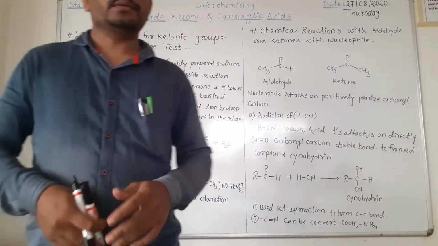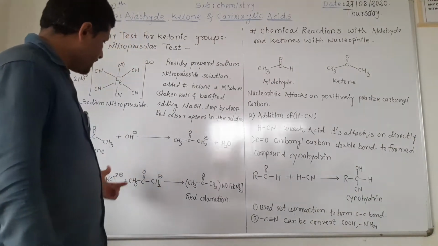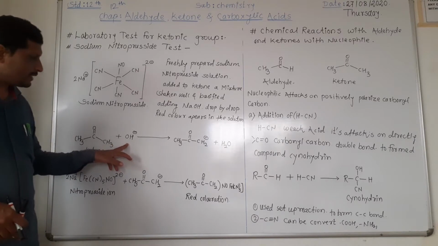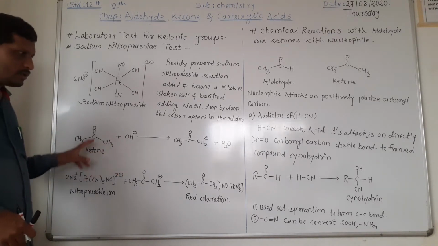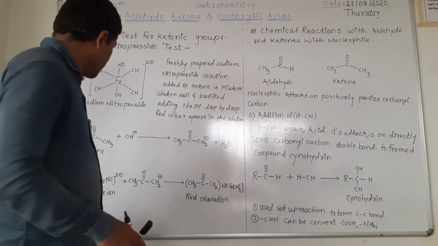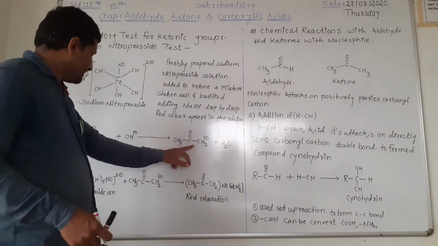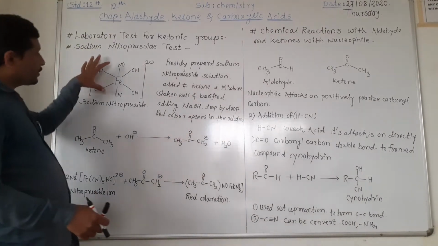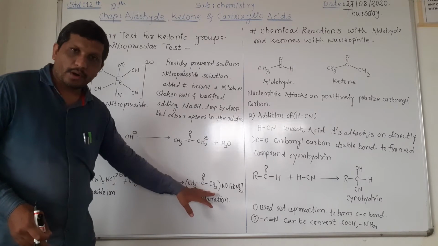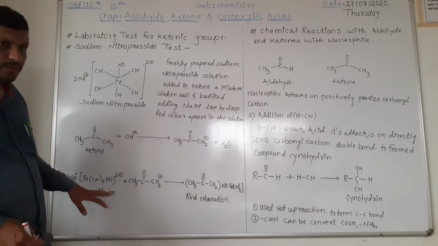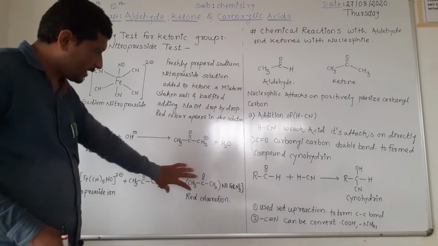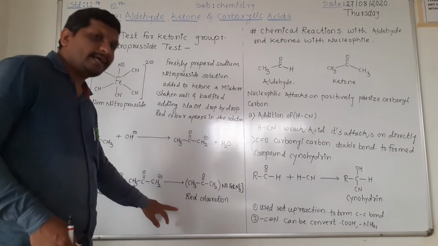In which manner this reaction takes place, we see here. The ketone reacts with hydroxide ion to form the ketonic anionic compound, and this anionic compound reacts with the sodium nitroprusside structure, combining with the nitroprusside ion to give the compound, and here it gives the red coloration.